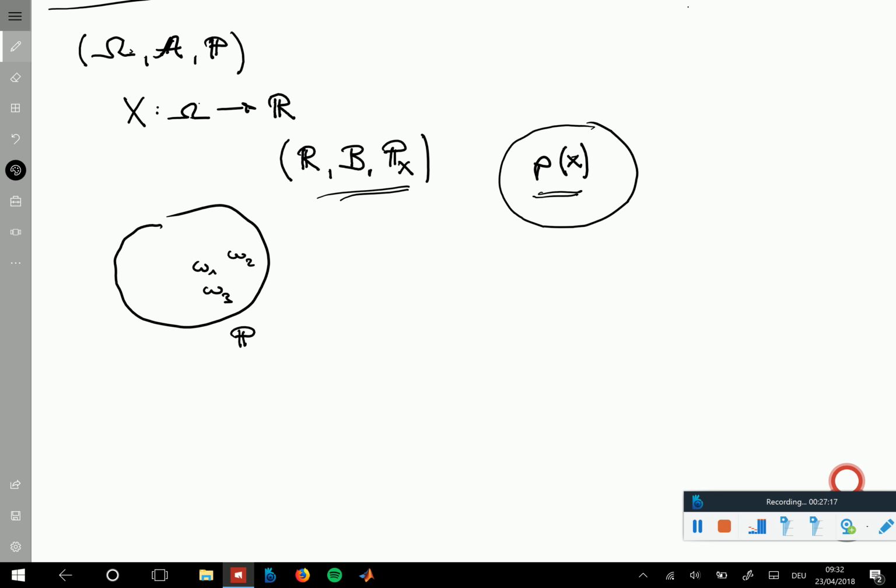For the die, the elementary outcomes have 1/6 for 1, 2, 3, 4, 5, 6. Let's say we have an unfair die where 1 is much more probable than 6, then we could use a different probability measure. For example, 1 gets 1/2 and 2 gets 1/3, and we make sure that the whole thing is normalized.